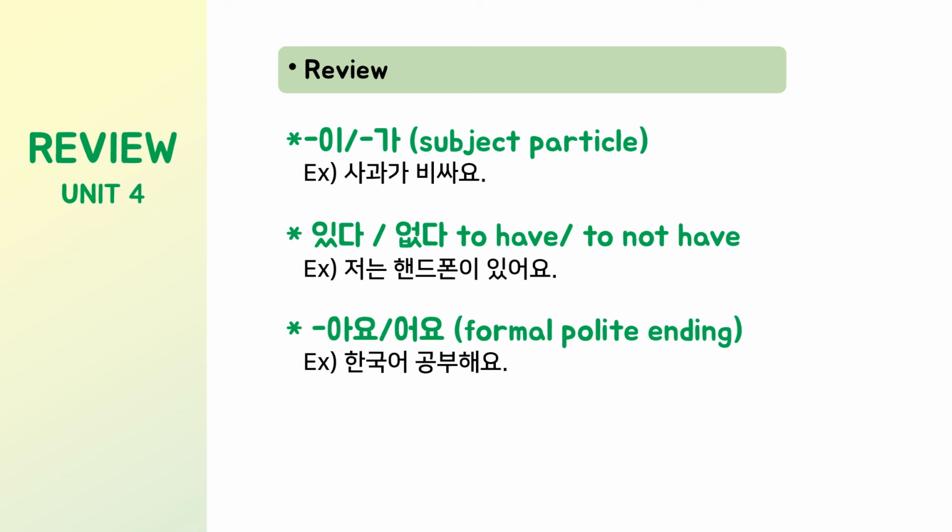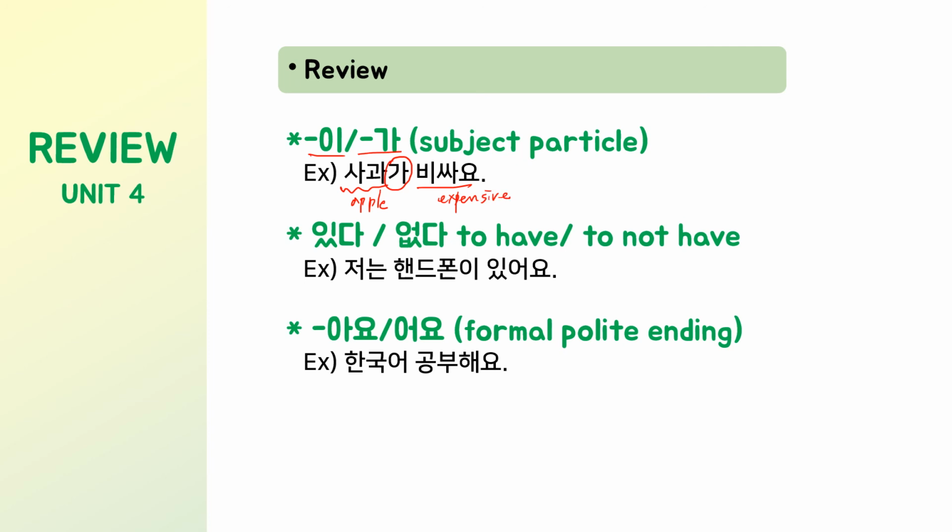So let's review the lesson. In this lesson, we learned the subject particle 이 and 가, which express the subject of the sentence. So 사과가 비싸요. In this sentence, the subject is 사과, which means apple. Apple is expensive.